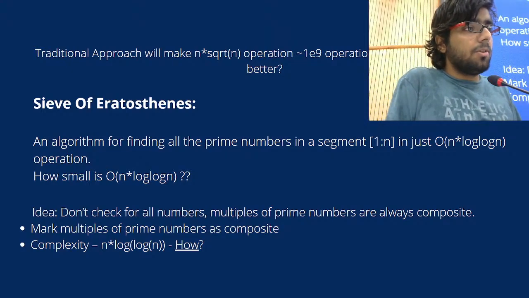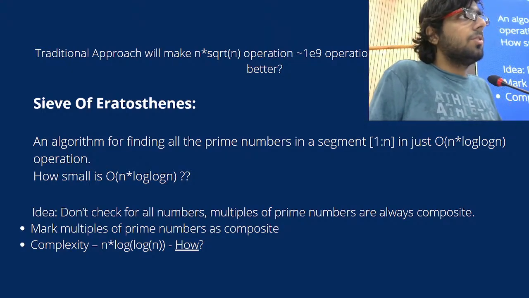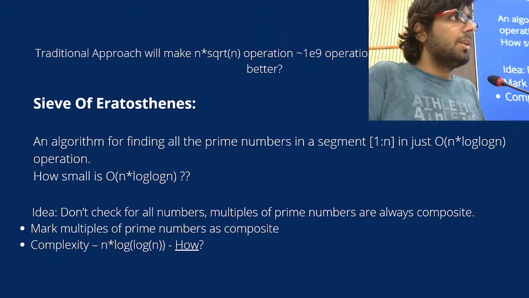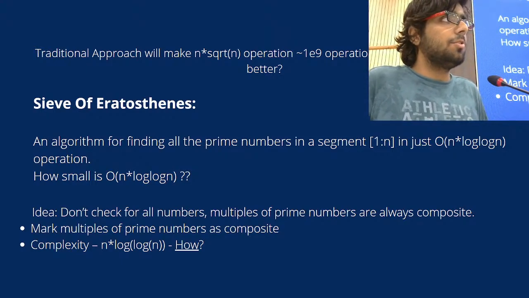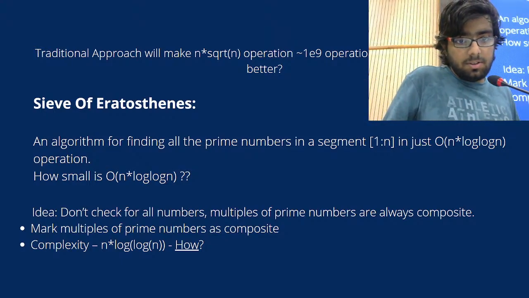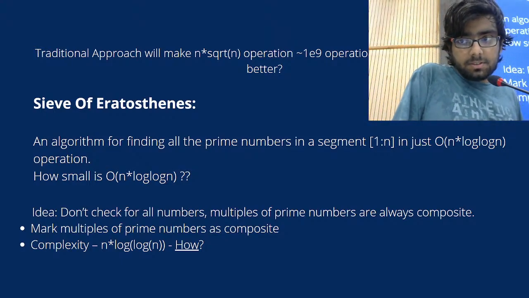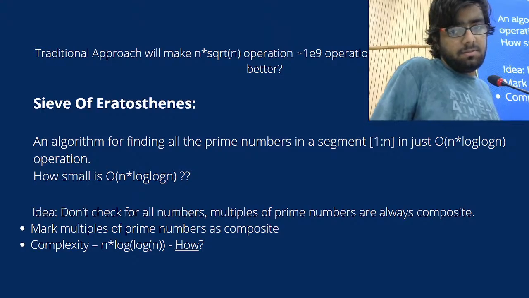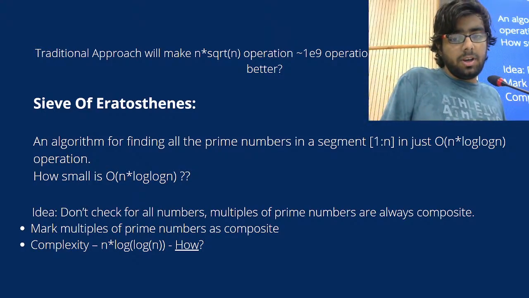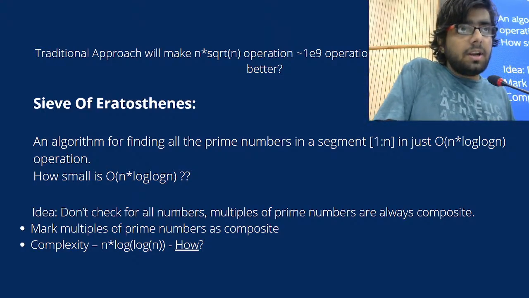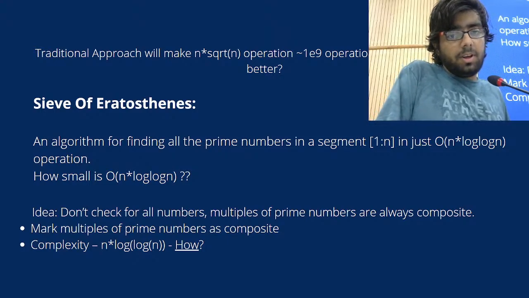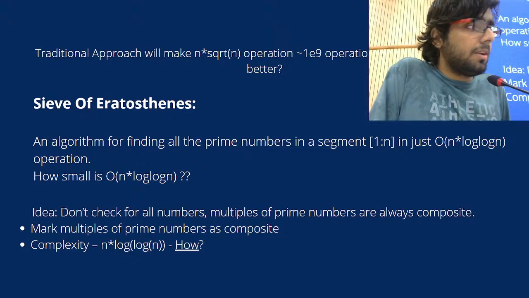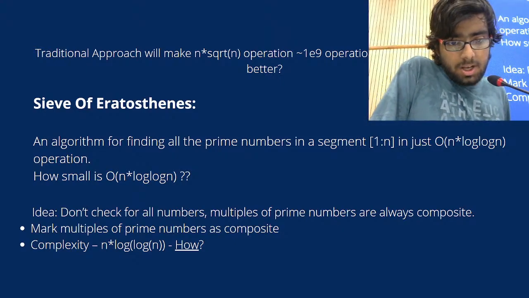We go over multiples of 2 and mark them as composite, then multiples of 3, then multiples of 4, and so on. This approach takes n log n. If we optimize that further, it would take n by implementing the least prime factor or linear sieve.